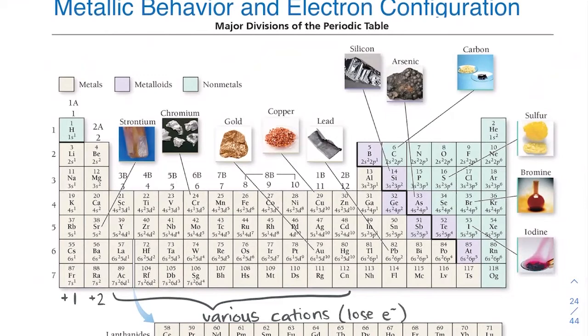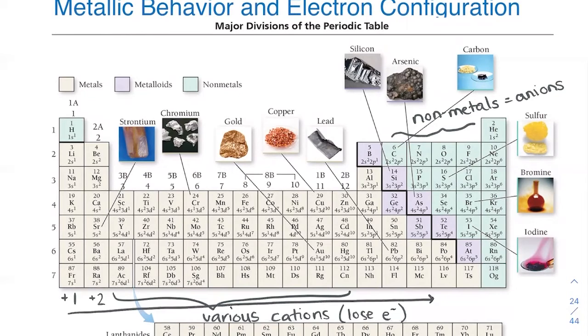And then what we see with our nonmetals is what we're going to call anions. They gain electrons and have negatively charged things. Why? As we move from left to right on the periodic table, we're getting more and more valence electrons.